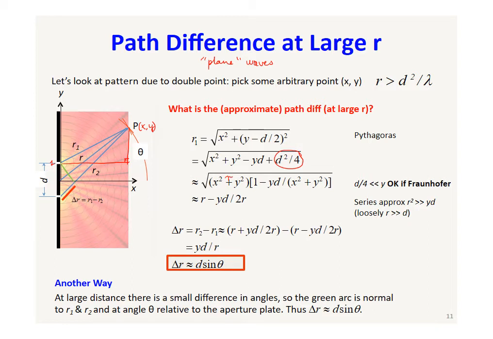Then we've factored out x squared plus y squared, which is equal to r squared there, and then we use a series approximation, which is something we've done in previous lectures before, to end up with this approximate expression for r1. We then find our difference between r2 and r1, which gives us this path length difference here.